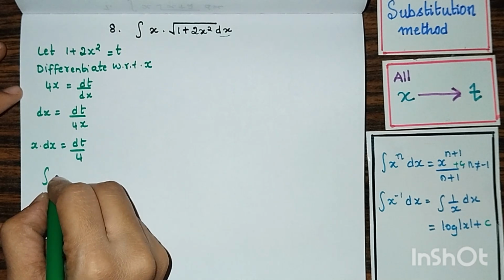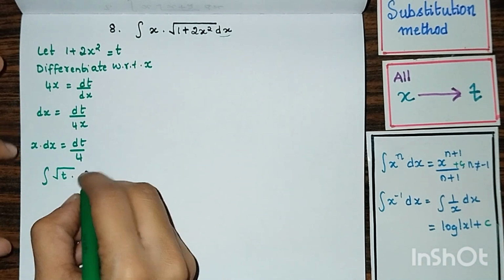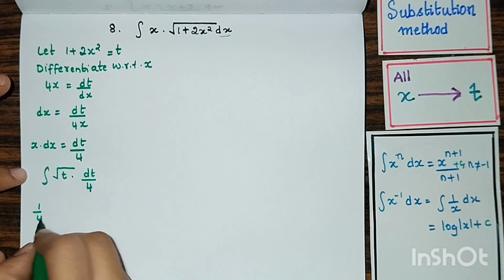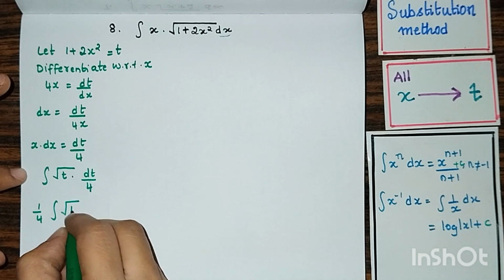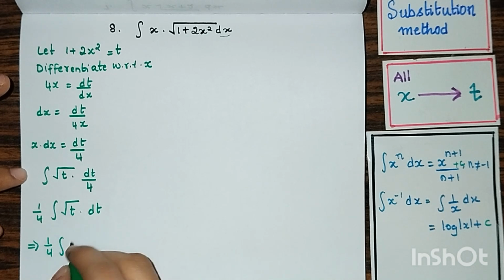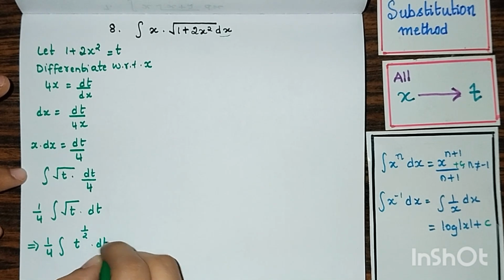So integral of square root of t into dt divided by 4. So let us take the constant outside. 1 by 4 into integral of square root of t with respect to t. So this implies 1 by 4 integral of t to the power 1 by 2 with respect to t.